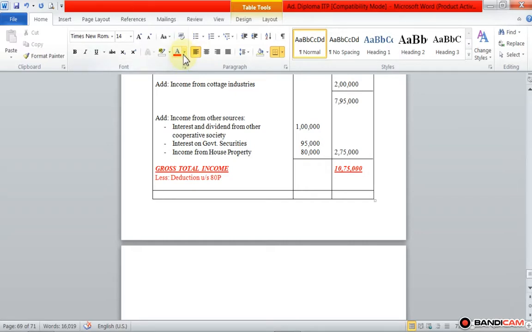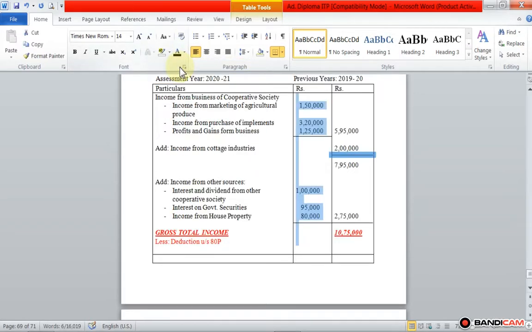Here the income, or whole of the income, is allowed for deduction under section 80P. So remember the section 80P deduction. It is very important to find out the total or taxable income of the cooperative society, so always remember the deductions.